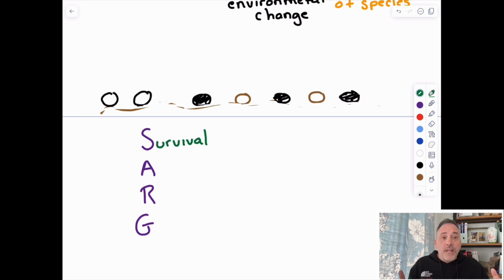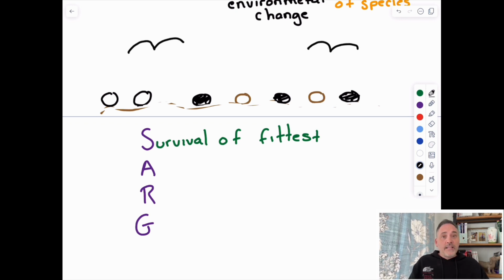So amongst those many mice, they'll all struggle to survive a bit because of the environmental change. However, the white mice, because it's snowing, have what we refer to as the advantageous allele, because they have the version of that gene to have white fur, which allows them to be camouflaged in that particular area.